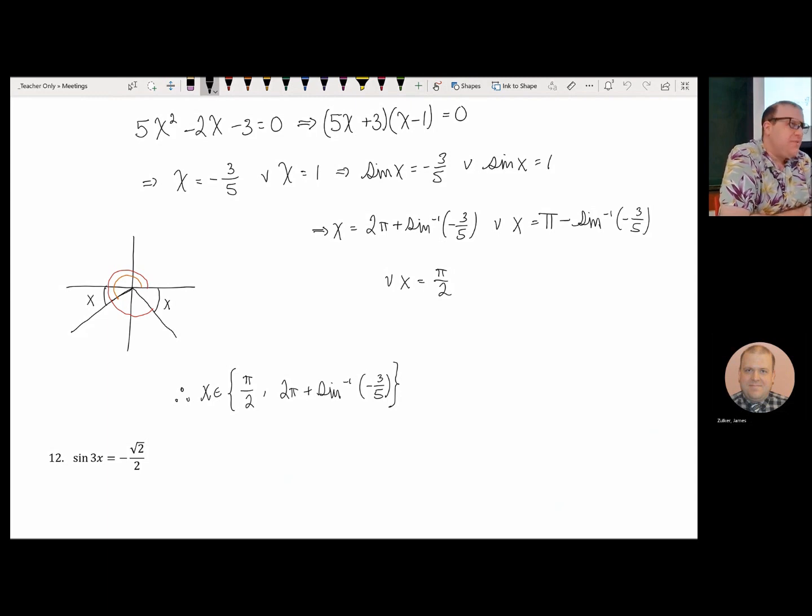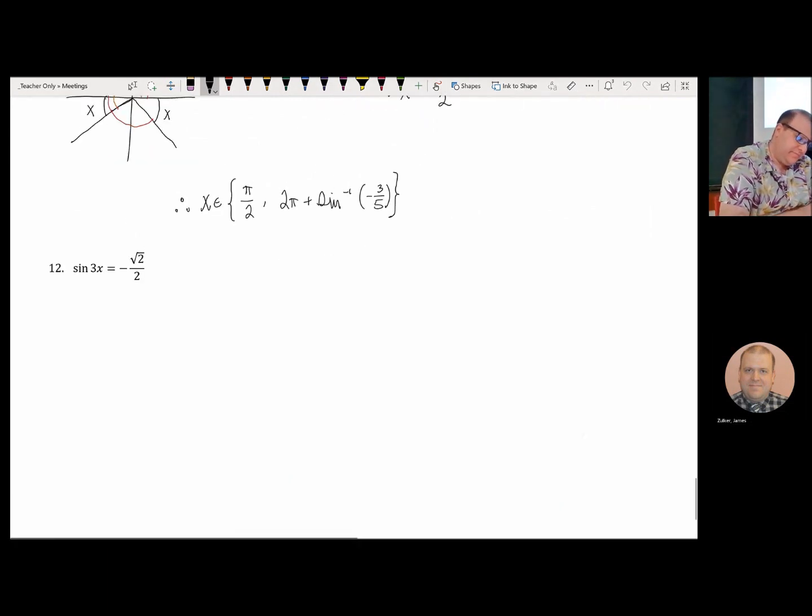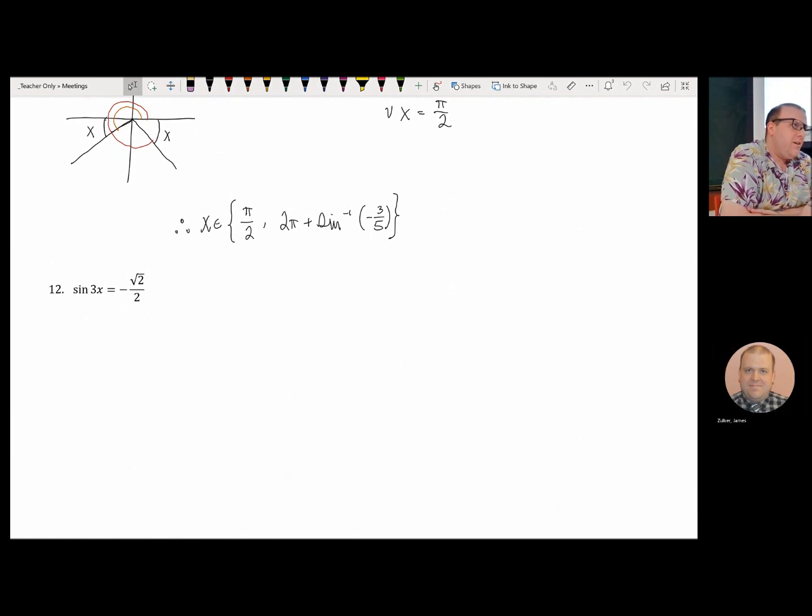Sine of 3x equals negative root 2 over 2. Remember, we want solutions between 0 and 2 pi.